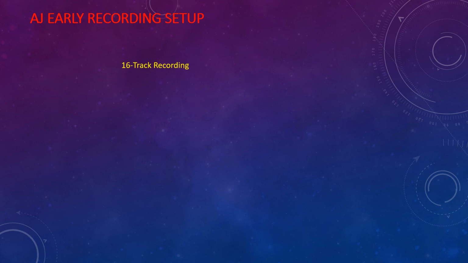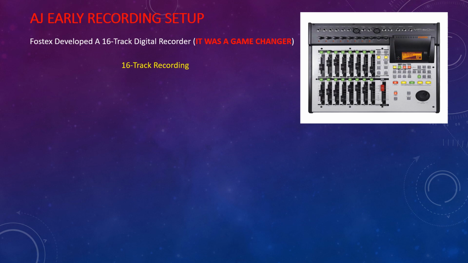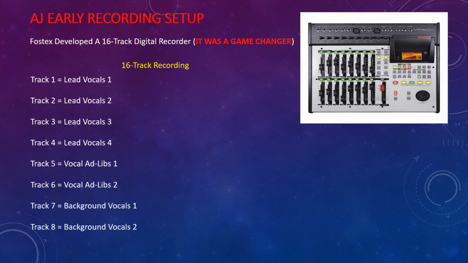AJ early recording setup, 16-track recording. Fostex developed a 16-track digital recorder. It was a game changer. Track 1, lead vocals 1. Track 2, lead vocals 2. Track 3, lead vocals 3. Track 4, lead vocals 4. Track 5, vocal ad-libs 1. Track 6, vocal ad-libs 2.